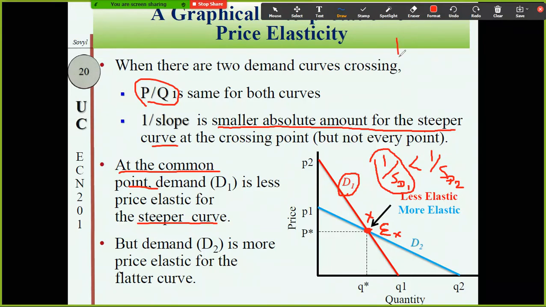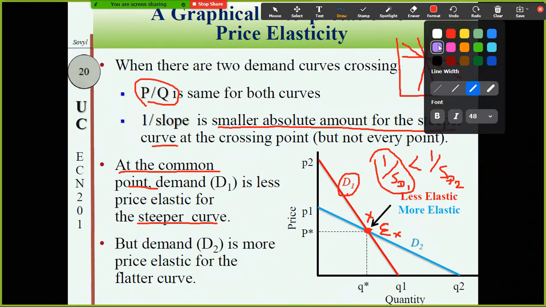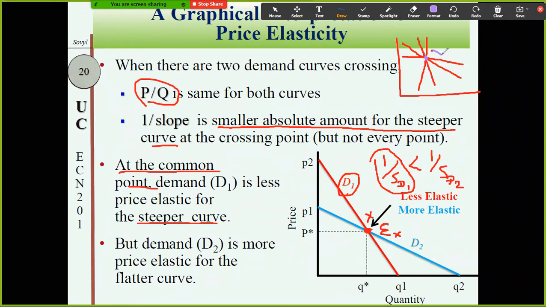If you have, for example, 4 demand curves, 1, 2, 3, 4, and this point is point X, we want to find the price elasticity of demand at point X. This one is most elastic, this one is very steep, very inelastic.